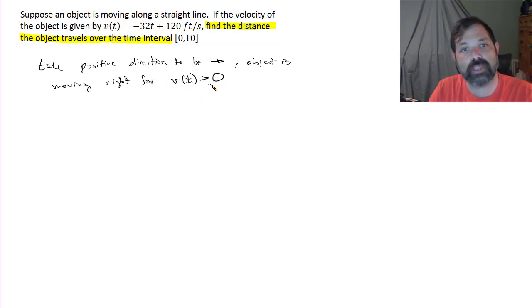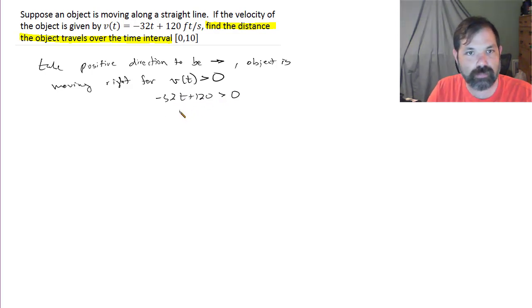For v of t to be positive, we would need the negative 32t plus 120 to be positive. So that means t is less than negative 120 over negative 32, if we're following the order there. So that's 3.75. t is less than 3.75.